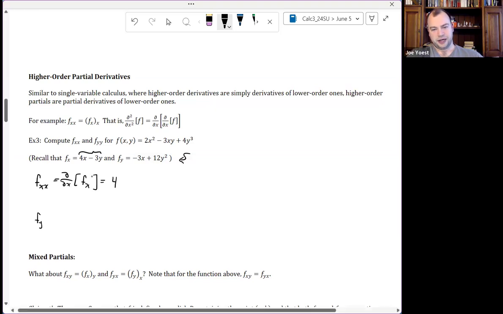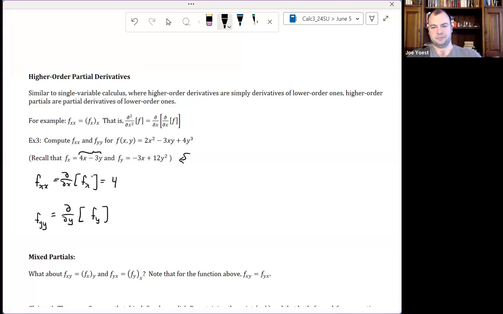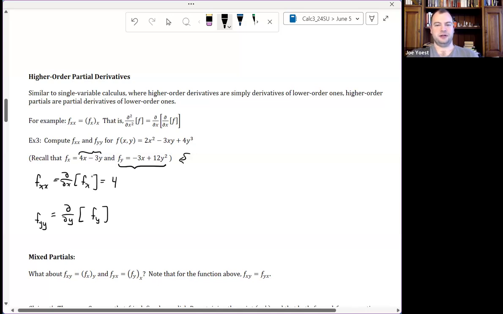And what is f sub yy? Again, that's the partial with respect to y of f sub y. We're taking the partial derivative of this function, negative 3x plus 12y squared. And since we're differentiating with respect to y, that negative 3x is a constant.